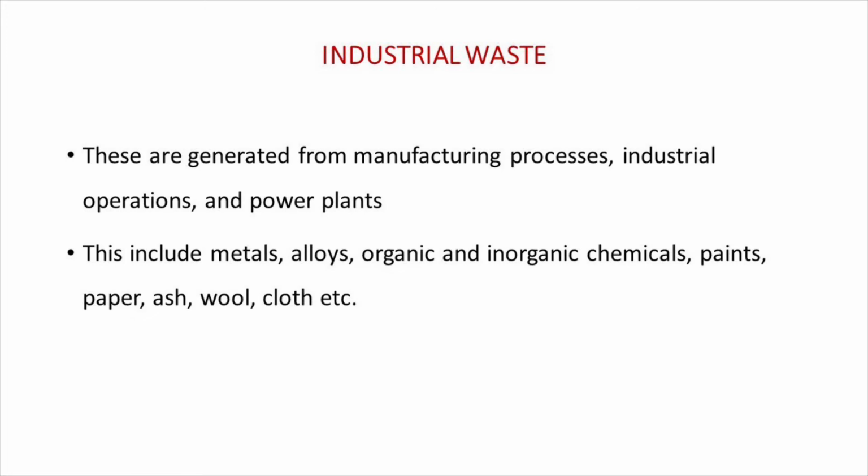For this reason, they are considered separately from municipal solid waste. These include metals, alloys, organic and inorganic chemicals, paints, paper, ash, radioactive material, grains, leather, wool, textile fibers, cloth, animal bones, concrete, glass, plastics, resins, etc.